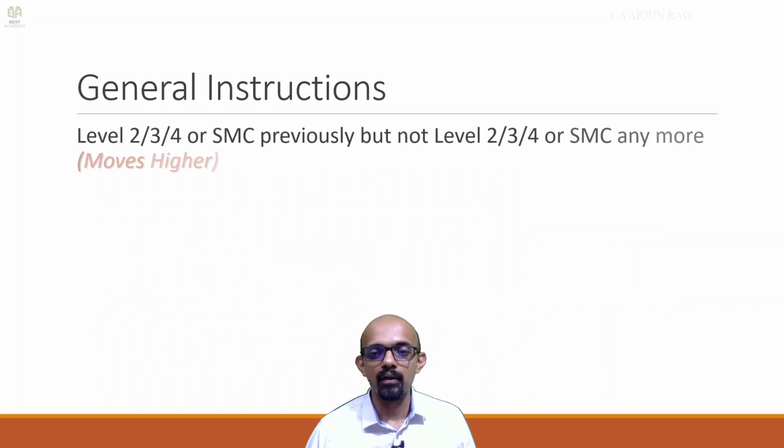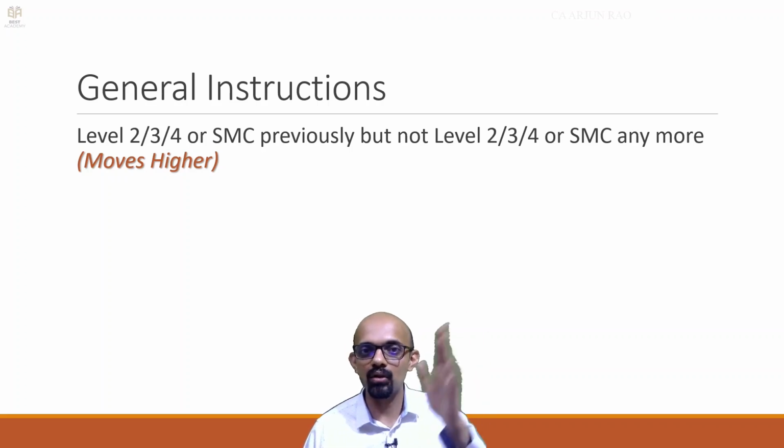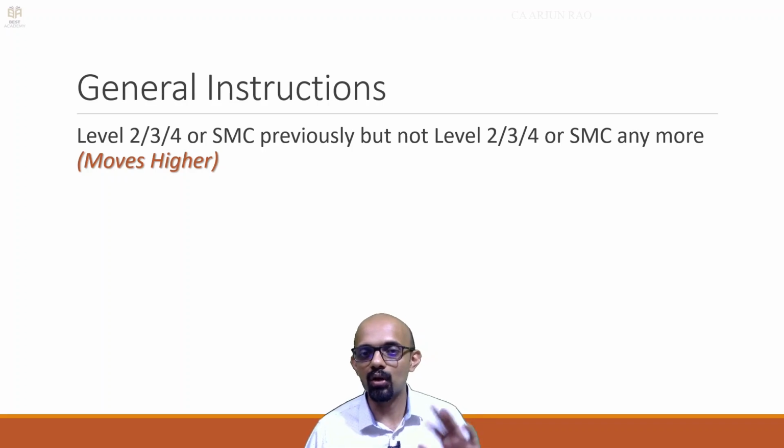Next, say if you move higher from level 2, you become level 1. Last year you were level 2, this year you become level 1 and so on. Level 3 to 2 or 4 to 3, or 4 to 1, or from SMC you become non-SMC. Does it mean you have to restate the previous year figures?